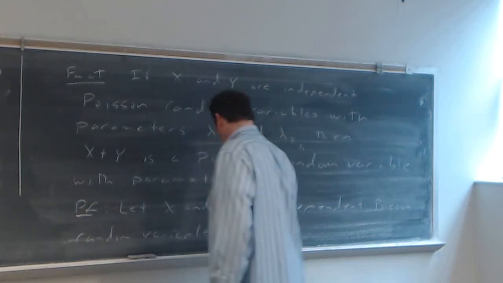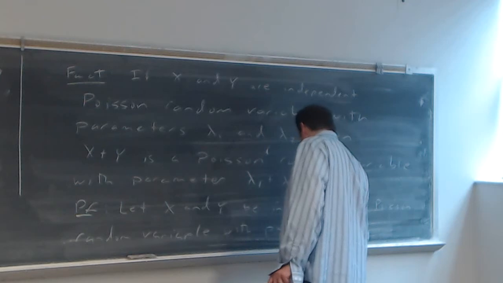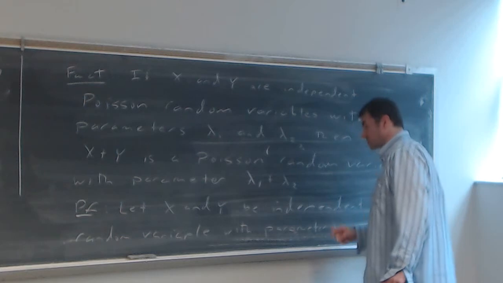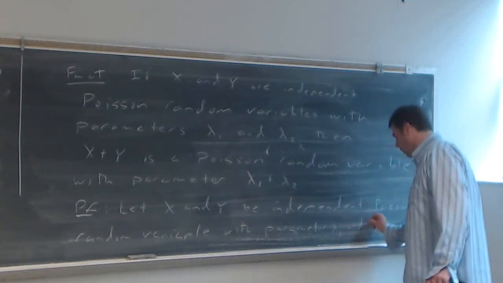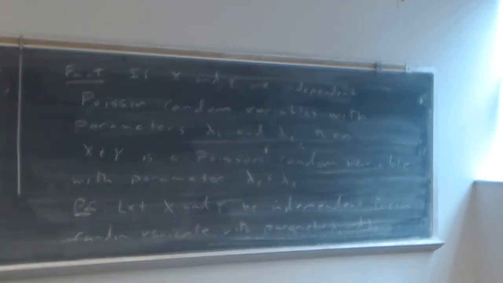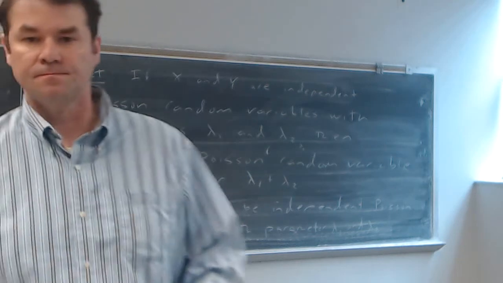The parameter for x is called lambda 1. Remember, that's a number that's bigger than 0. And the parameter for y is lambda 2. That's some number greater than 0. It's fixed for y. Lambda 1 is fixed for x.